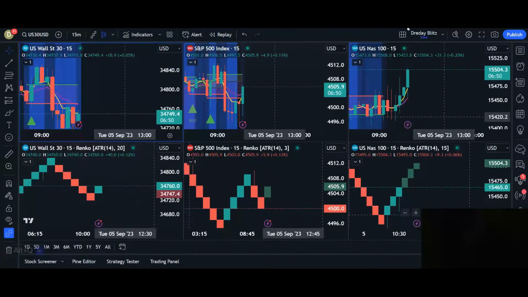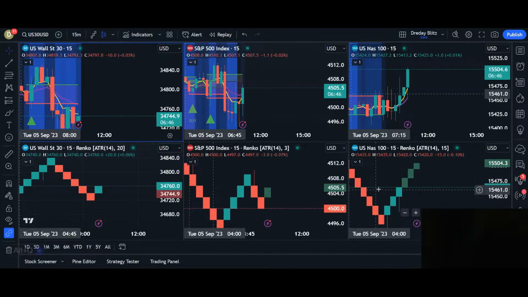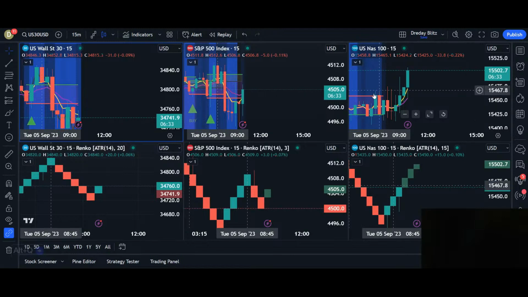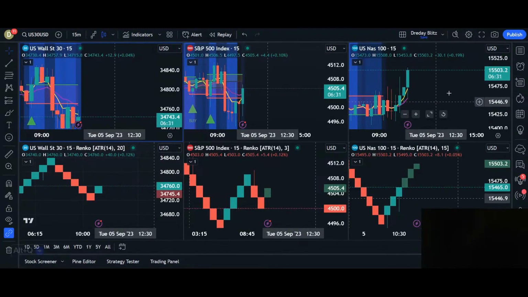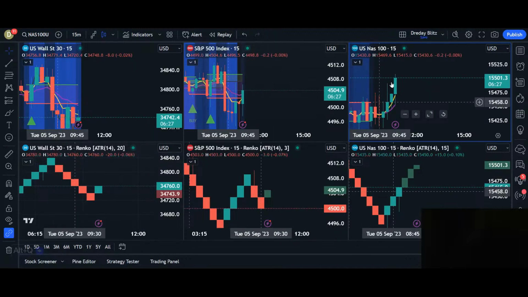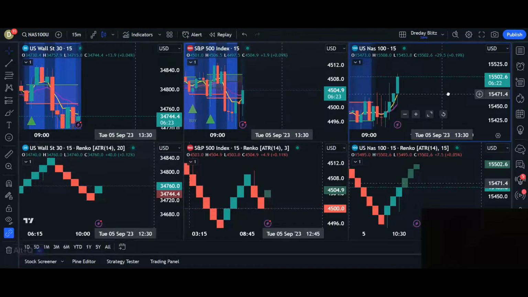If we look at when it reversed, if you had entered right around here for a buy, you would be in the green, but 9:30 was around here, so currently it's still pushing up.